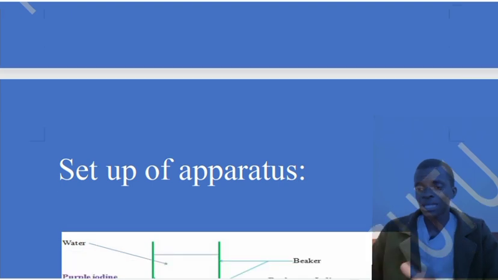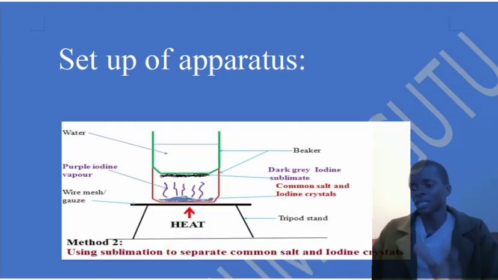We can see now the setup of the apparatus. The beaker that has water is on top of the beaker that has the mixture of common salt and either iodine crystals or ammonium chloride crystals, just as long as it is one of the common substances that undergo sublimation.